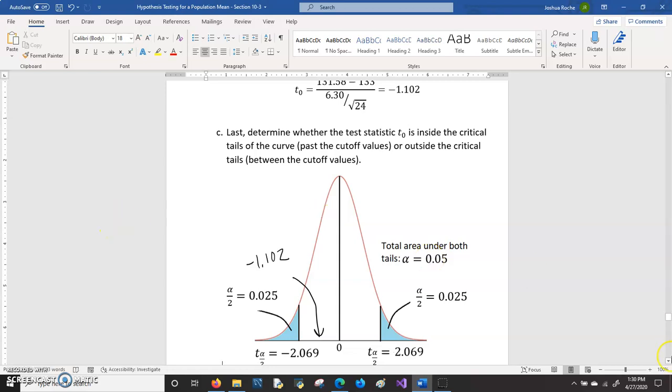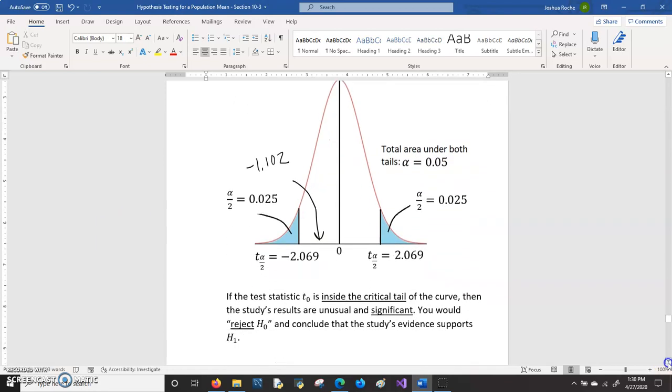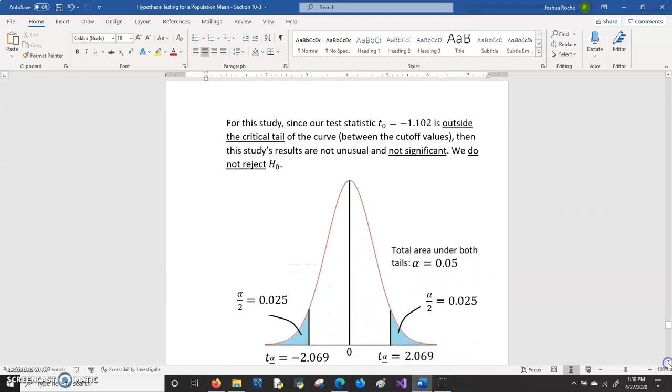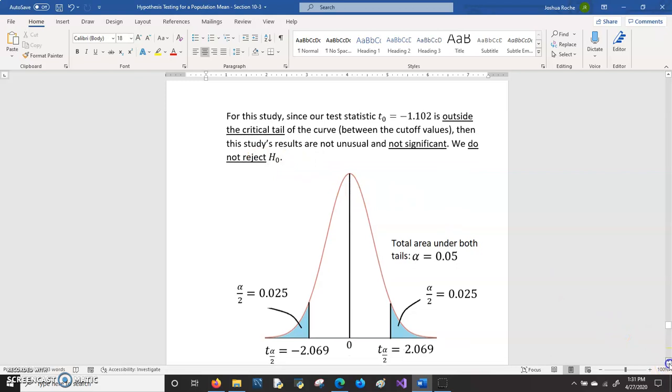So it's outside of the critical tails. And because it's outside the critical tails, that means that these studies' results are not unusual and not significant, and we would say that we do not reject the null hypothesis.